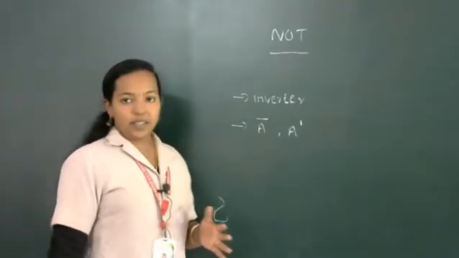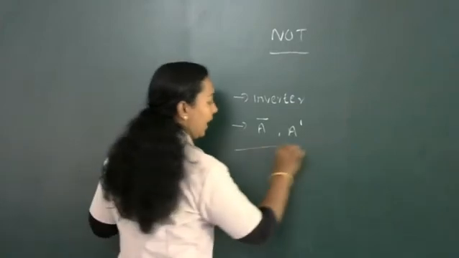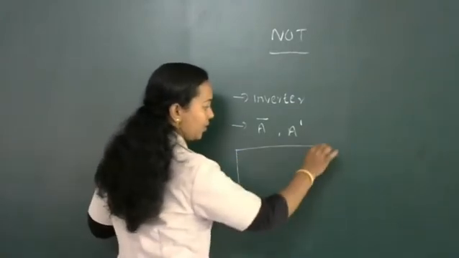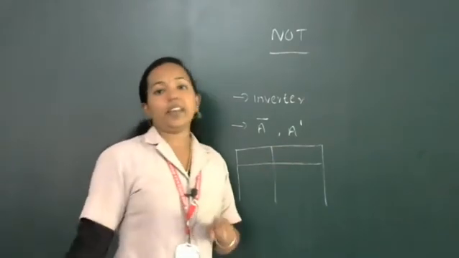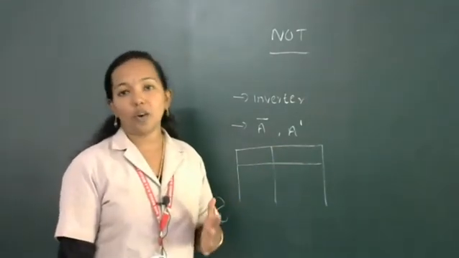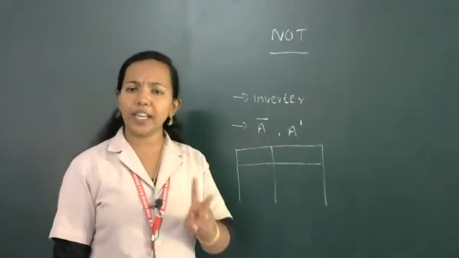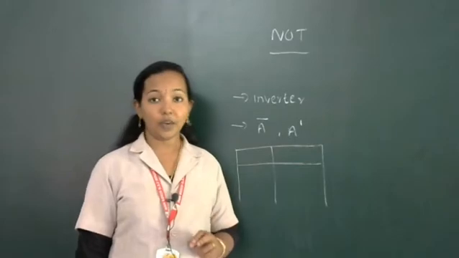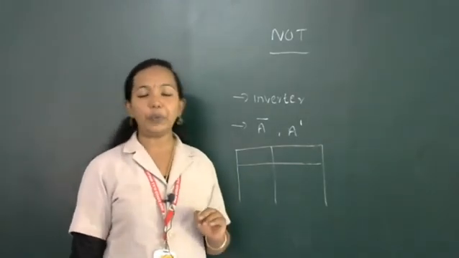Next we want to discuss the truth table for the NOT gate. AND gate and OR gate are binary operators. Binary operator means at least two inputs are a must. The minimum number of inputs is 2.